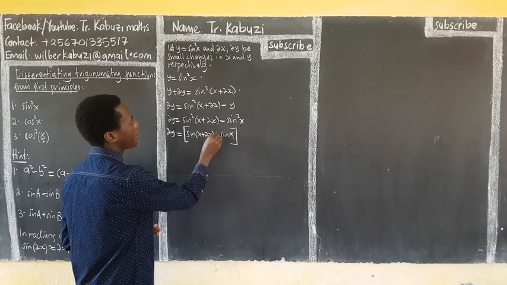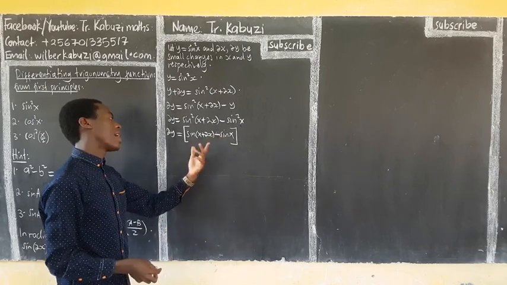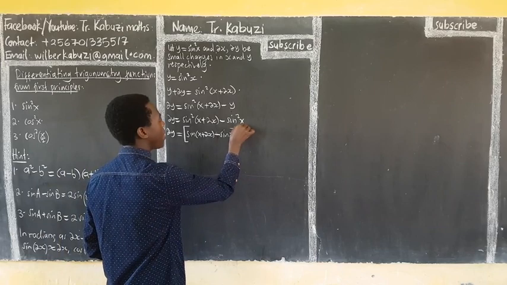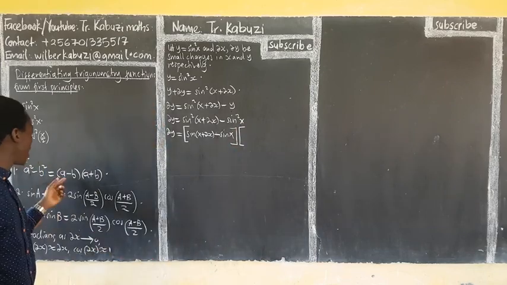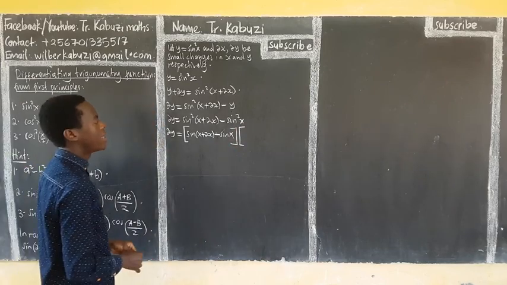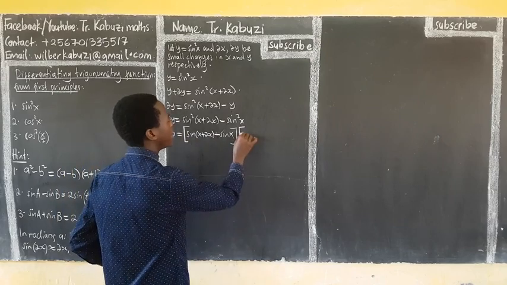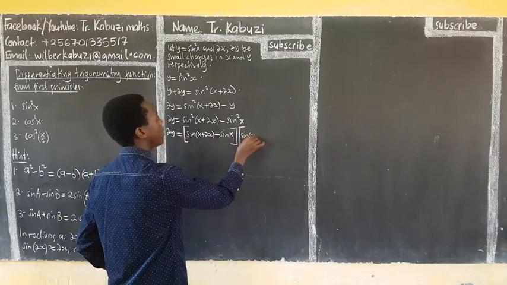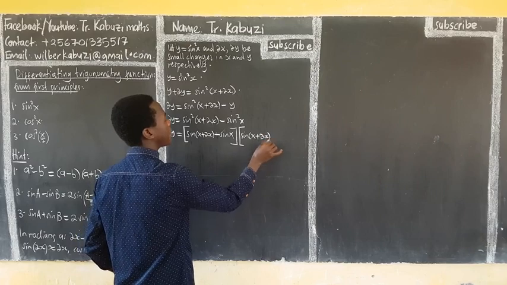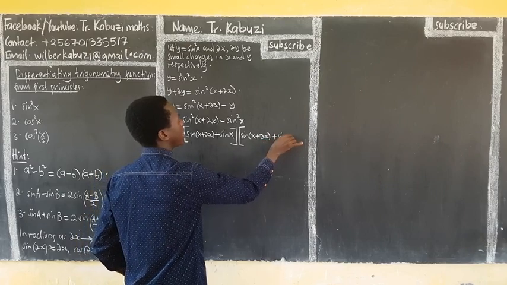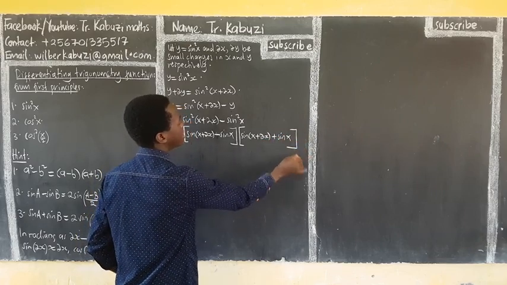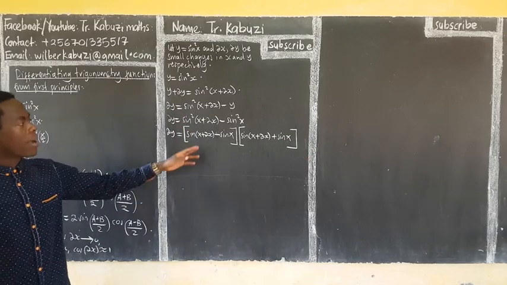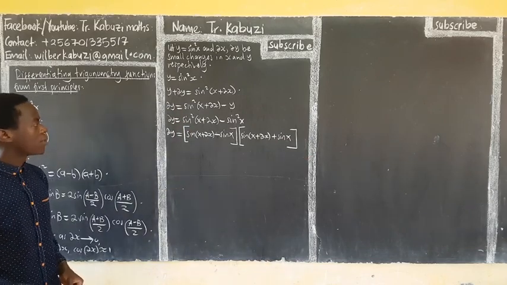I subtract them, then I add them, or you can add and then subtract them too. But now, let me follow the idea here. You subtract them, then you add them. So then I add these two, sine of x plus delta x, then plus sine x, the whole of this in brackets. So here we have applied the difference of two squares.